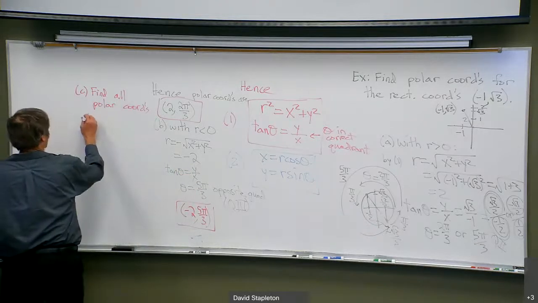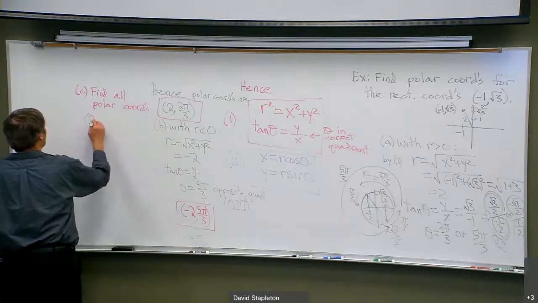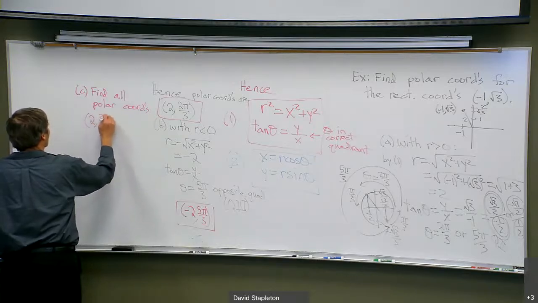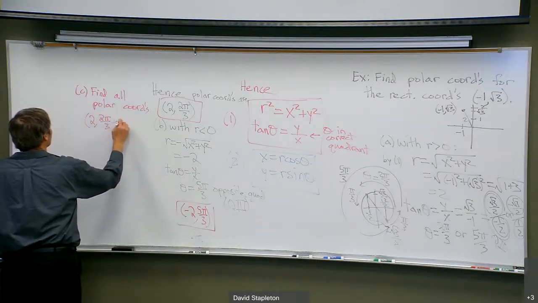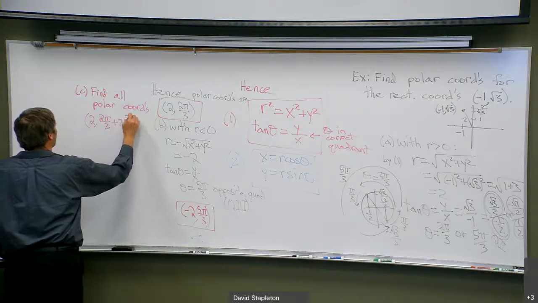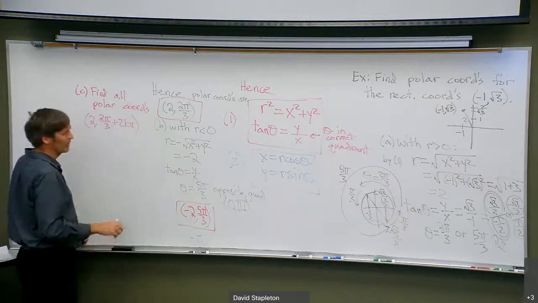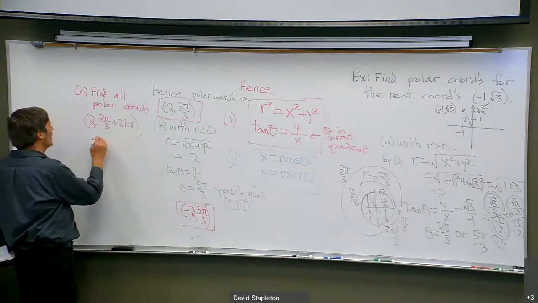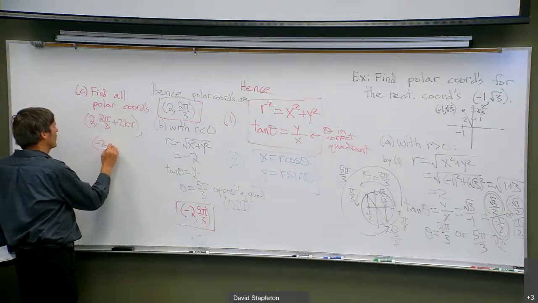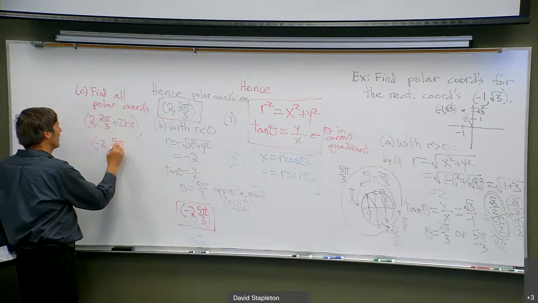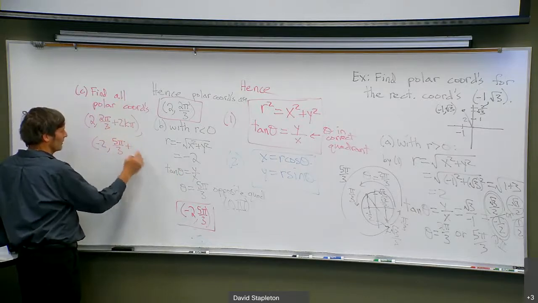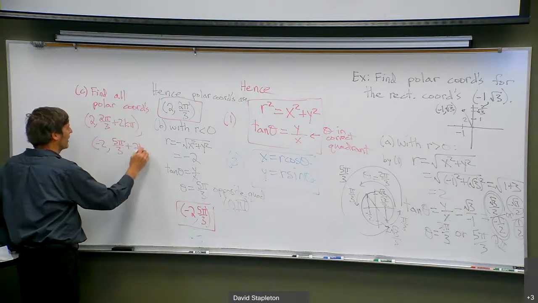And so all polar coordinates are the first one, 2 pi over 3 plus any whole rotation. We write that as 2k pi, where k is any integer. Or we can have r negative with 5 pi over 3, and any coterminal ray would have plus 2k pi.